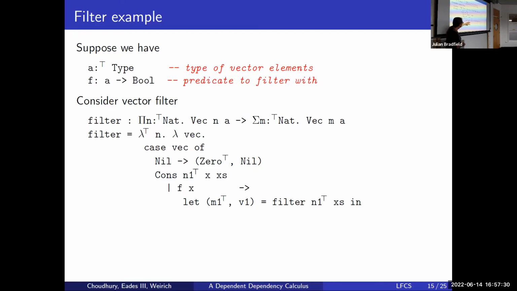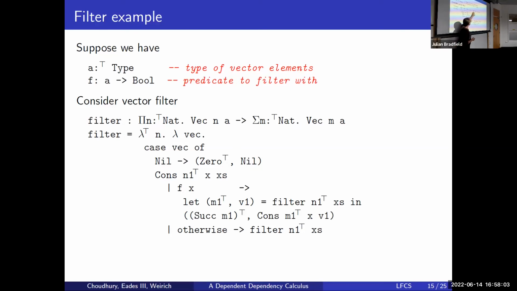So then I call filter recursively on the tail of the vector, where the length of the tail, remember, is stored here in the cons, and I pass that in. And then I get a sigma, so I get a new length and a new vector from the recursive call. Then I can pair that together by incrementing the new length and making this new vector. And if the predicate is false, then I just call the function recursively. And this is great.